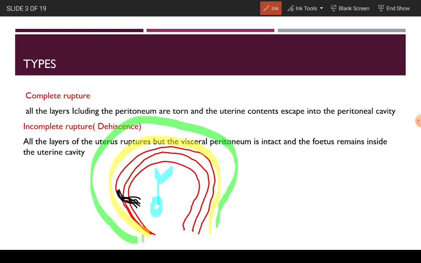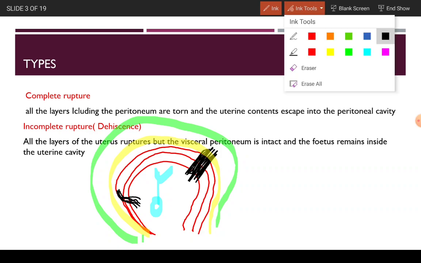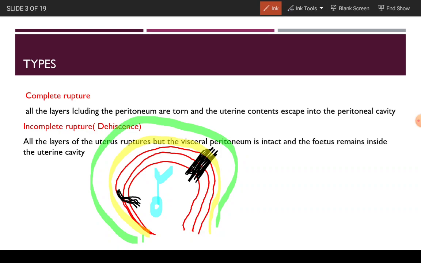But if complete rupture happens, that means the 3 layers of the uterus and also the visceral peritoneum are torn, then the contents of the uterus will escape into the peritoneal cavity, so the fetus can reach here.